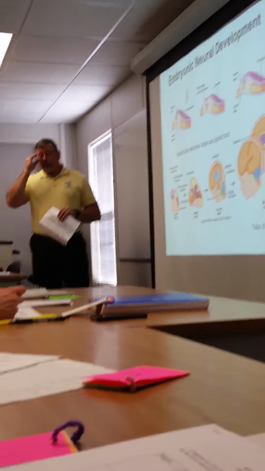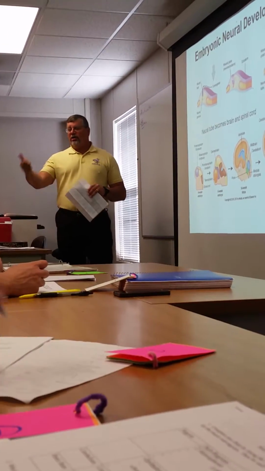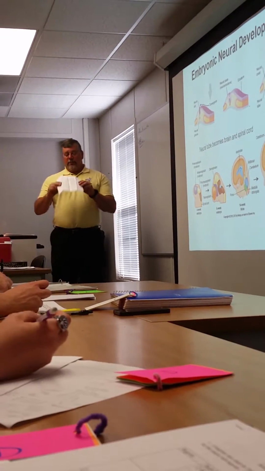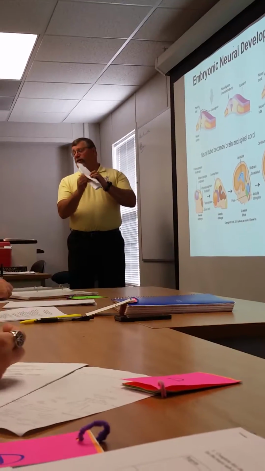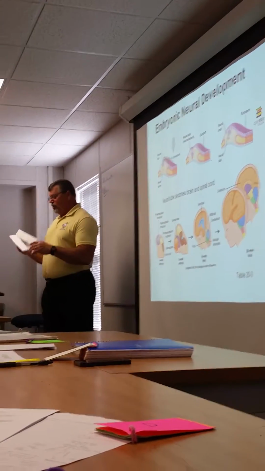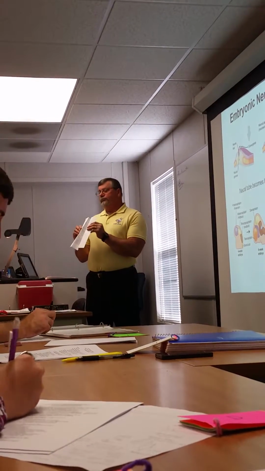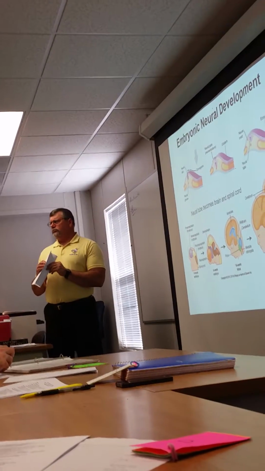The mesoderm gives rise to mesenchyme and muscle. Okay, so all your connective tissues and all your muscular tissues come out of mesoderm. The endoderm forms some of your endothelial linings, and the ectoderm does something very interesting. Some of the ectoderm becomes your epidermis. Some of the ectoderm becomes your brain.